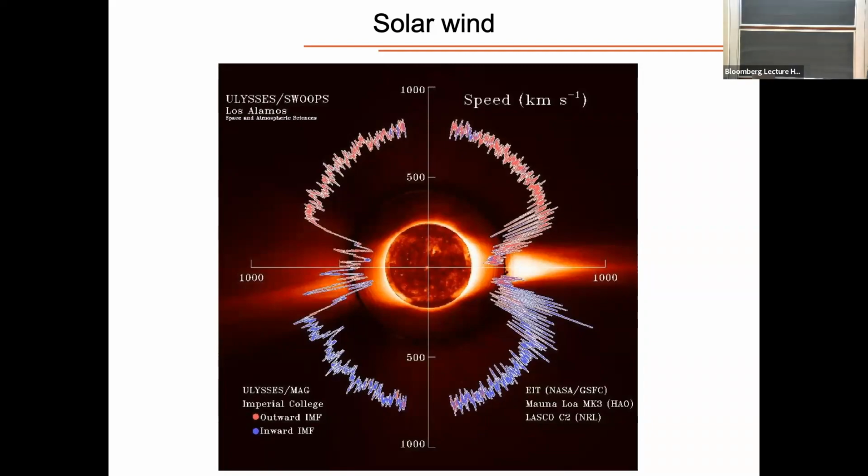Over here in the polar region, here and here, you actually have open field lines, and plasma can flow freely along open field lines. So here we have speeds of about 700 kilometers per second, which exceeds actually the escape velocity from the sun, which is 618 kilometers per second.